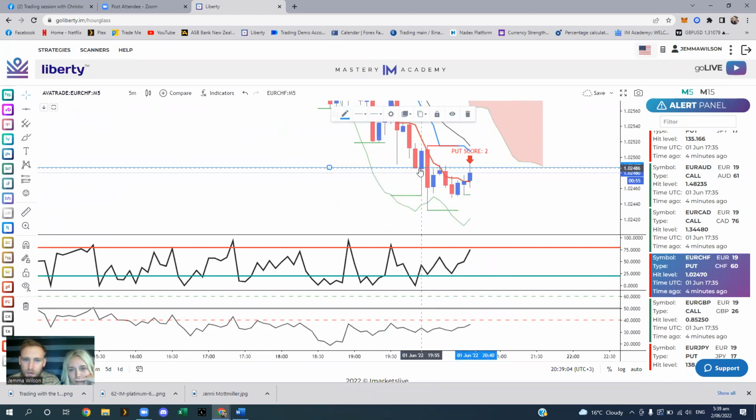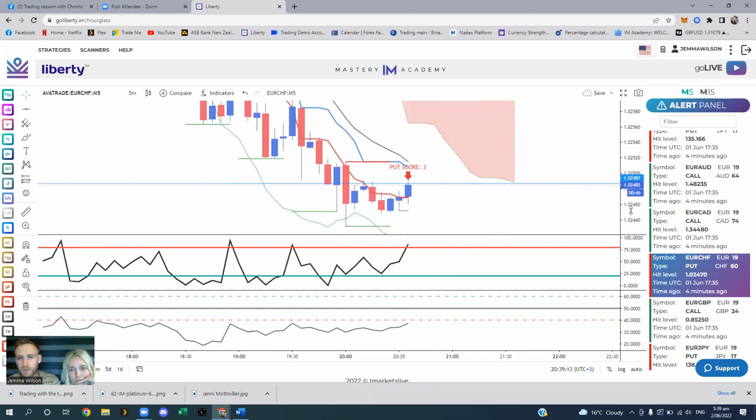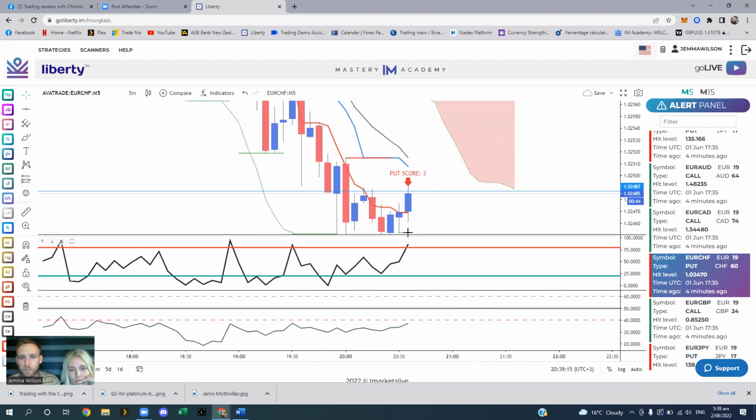I think it's coming through there. So we had it wicking down to here, and it's kind of been supporting it back here, respecting it back here. It is in a downwards trend, and we are overbought. I'd like to see that above the red for it to be a better trade. But in this new candle, I'm going to wait for the wick, and then we're going to enter.